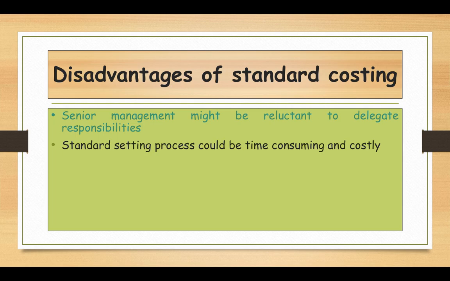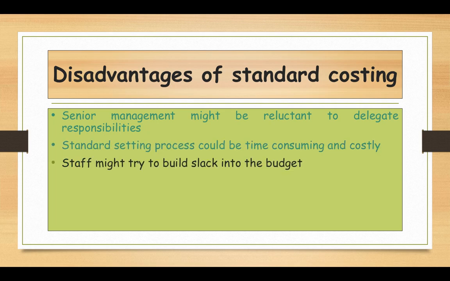Not all organizations have the skill and resources to set the standards. Staff might try to build slack into the budget. For example, if a production manager is involved in the standard setting process, and he can actually produce 1,000 units, he might say he can only produce 950 units.